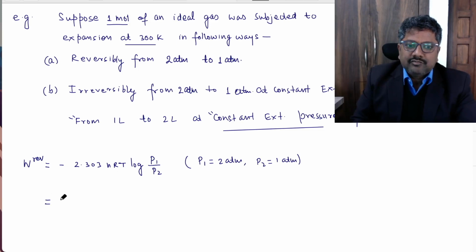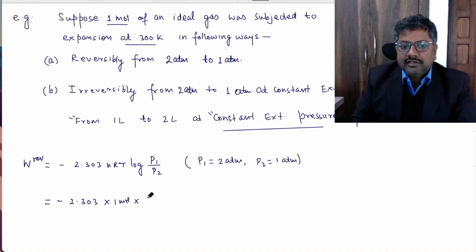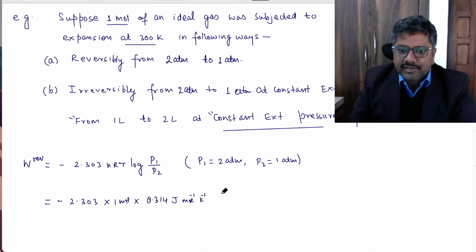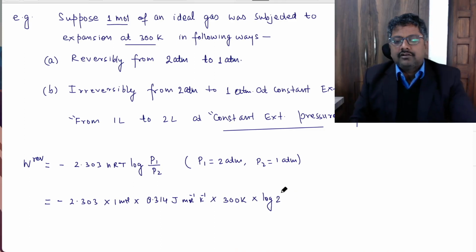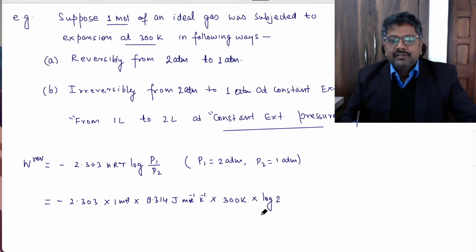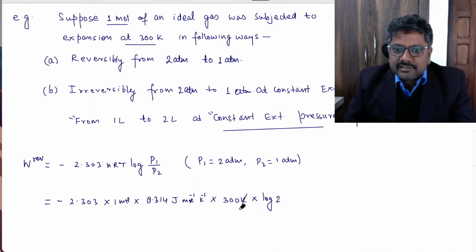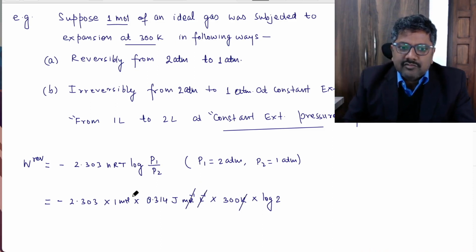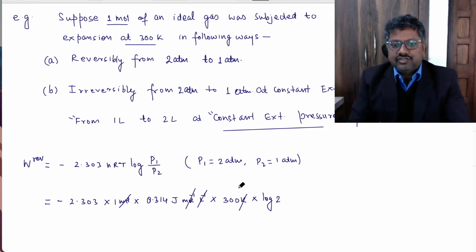So you can put here 2.303 into 1 mole into 8.314 joules per mole per degree Kelvin. Units are very important here. And temperature is 300 Kelvin into log 2, and log 2 is equal to 0.3010. First Kelvin cancels, per mole cancels, so you will get the answer in joules.